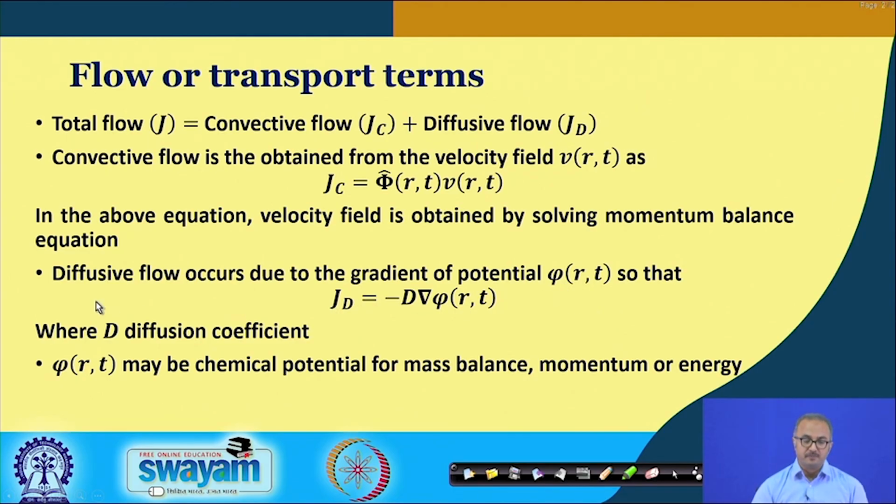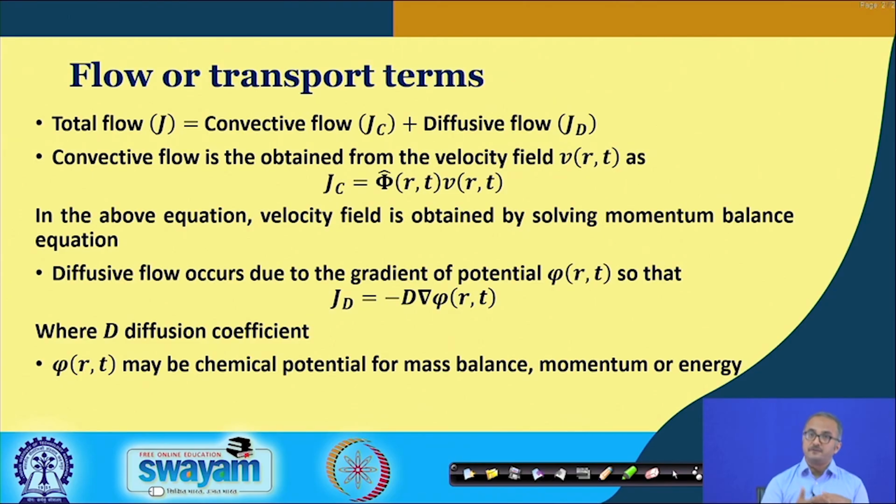So, that is what it means, that diffusive flow occurs due to gradient of the potential, and this is given by this particular thing, that negative of d into this, again this nabla and into this scalar. Understand this? This is a scalar field now. This scalar field is now being converted to a vector field. Now, this d in general is a diffusive coefficient.